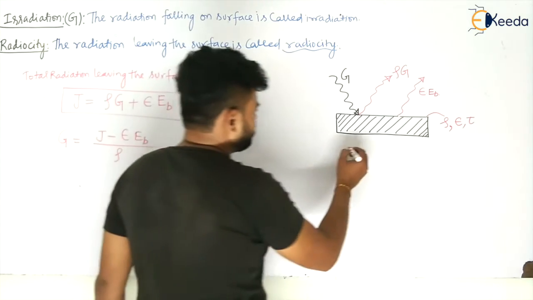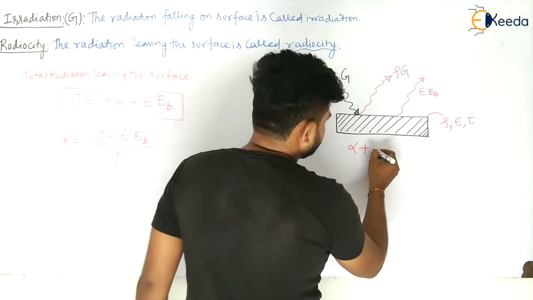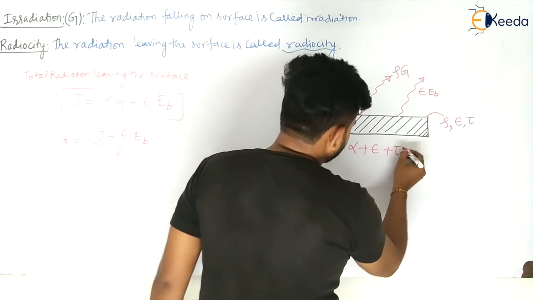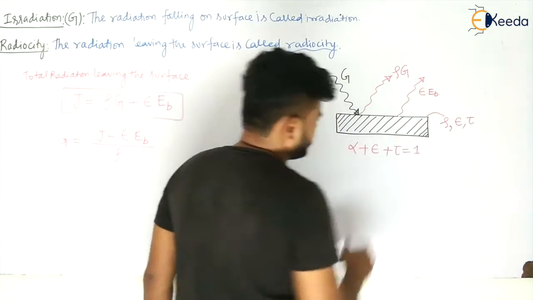I know that alpha plus rho plus tau is equal to 1, my dear students.